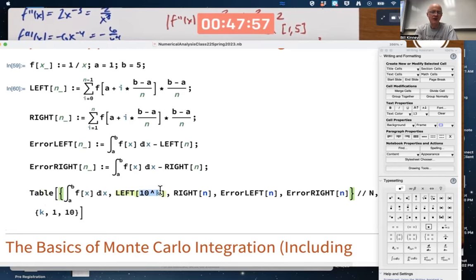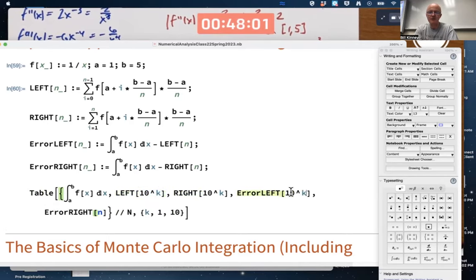The 10 to the k's are going to represent my values of n, but the way I'm doing it is going to guarantee that what I'm really plugging in are first 10, then 100, then 1,000, then 10,000, then 100,000, powers of 10. I probably don't want to go up to k equals 10. That's too much. What, 5? That might even be too much. Okay, let's go 4.